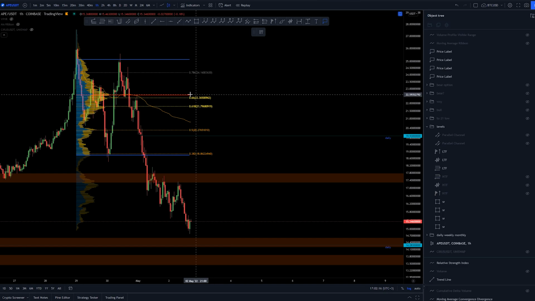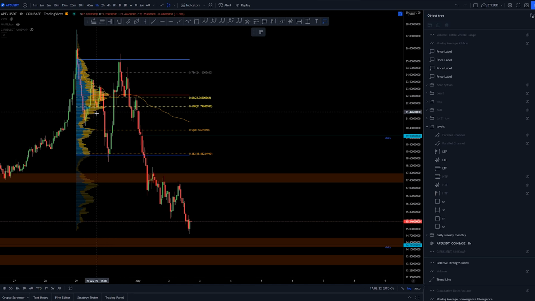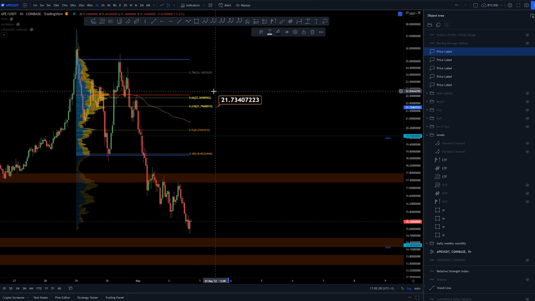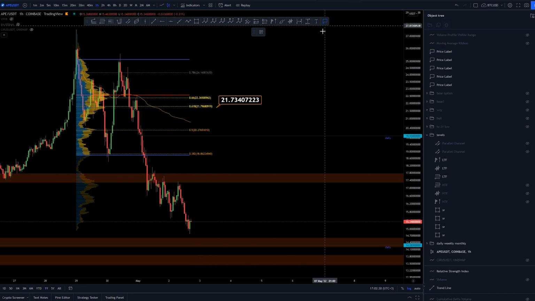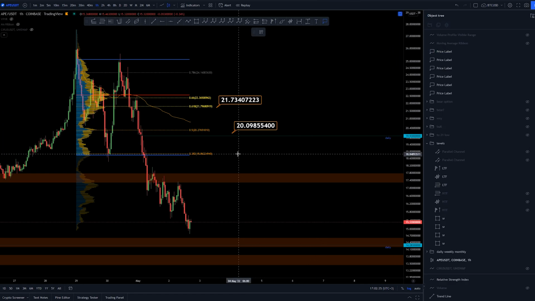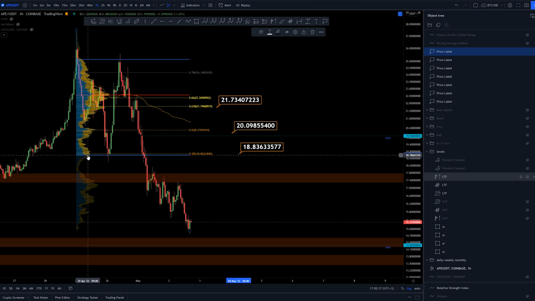Around the golden pocket we got the point of control, a large volume area node. This, however, wherever you want to place it, so around $21 and up, offering some nice resistance if the price comes up here. 0.5 with the daily around $20, and 0.382 with the range value area low.